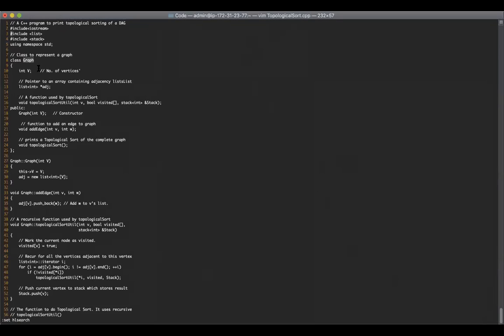The graph essentially consists of a class which has a set of nodes. This is the number of nodes or number of vertices in the graph, and we represent an edge list, right? The idea is to just use an edge list to represent the graph itself. And the edge list is represented in a way wherein for this particular list, the index of the list is the index of the node, which is the source.